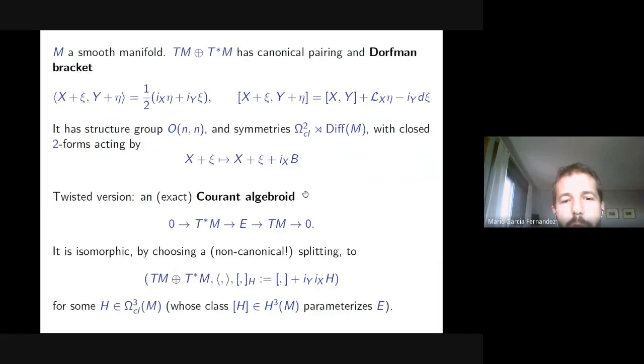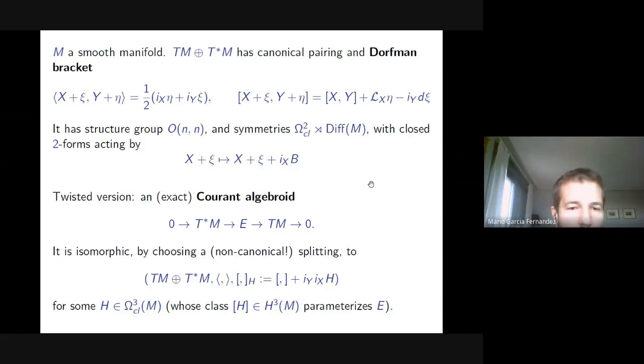There is a twisted version that we are going to use, which is given by this more abstract setup. One has an extension of the tangent plus the cotangent bundle. These are all smooth bundles. E has a bracket and a pairing, which are abstract and satisfy some axioms, which are the ones satisfied by this explicit structure.